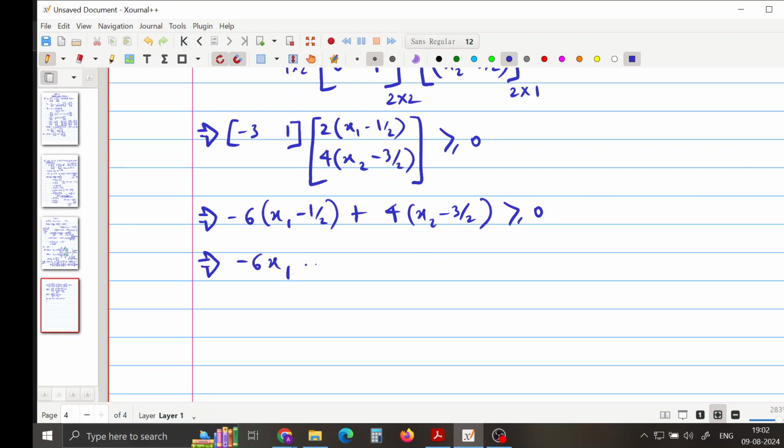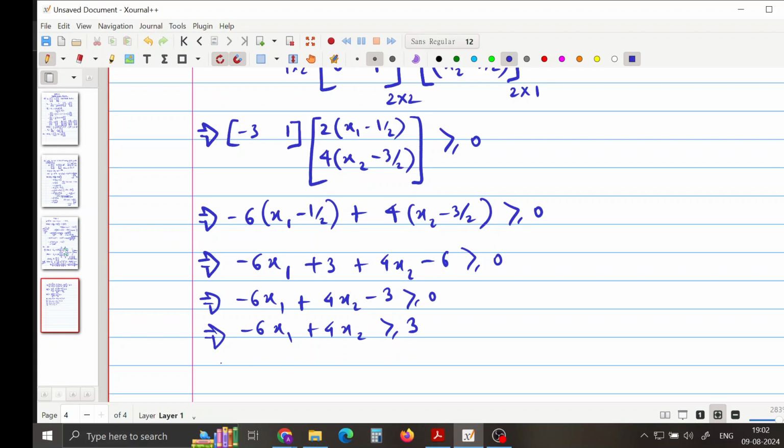Minus 6x1 plus 3 plus 4x2 minus 6 is greater than or equal to 0, or minus 6x1 plus 4x2 minus 3 is greater than or equal to 0, so minus 6x1 plus 4x2 is greater than or equal to 3. Finally, 6x1 minus 4x2 is less than or equal to minus 3.